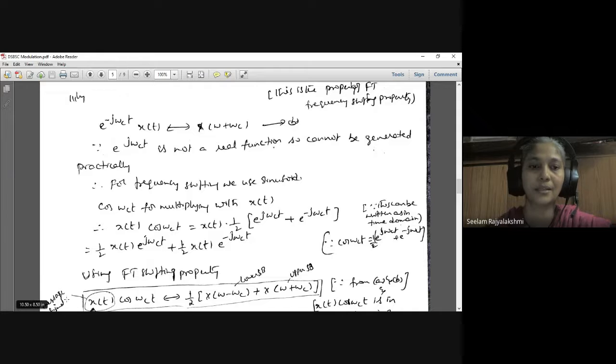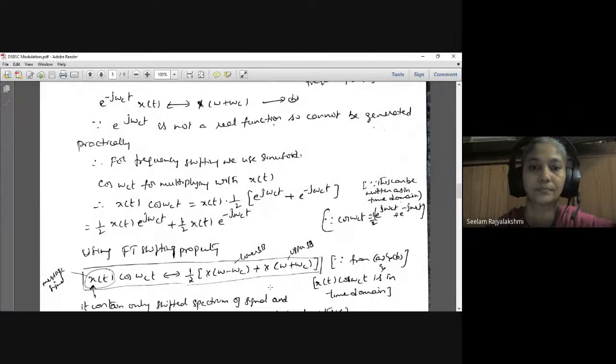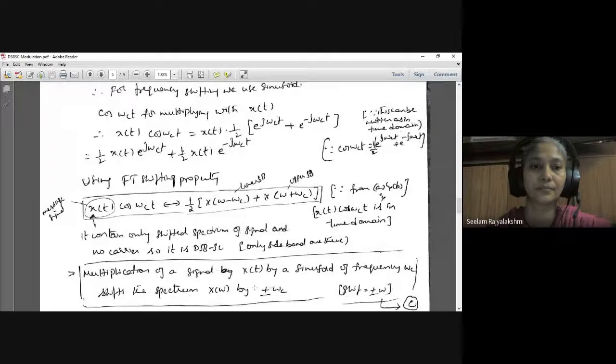Here we have applied the frequency shifting property, and by using the Fourier transform frequency shifting property, we did not obtain any carrier signal in this equation. This is the message signal which we have multiplied with cos omega ct. So it contains only the shifted spectrum of the signal and no carrier.